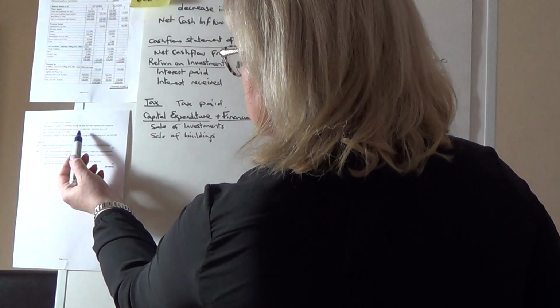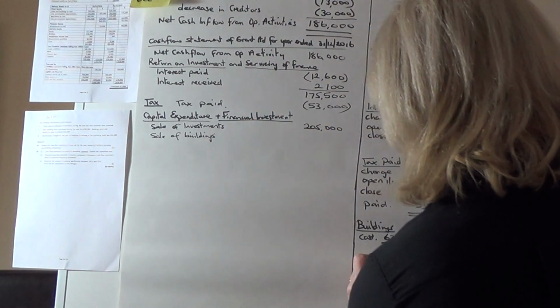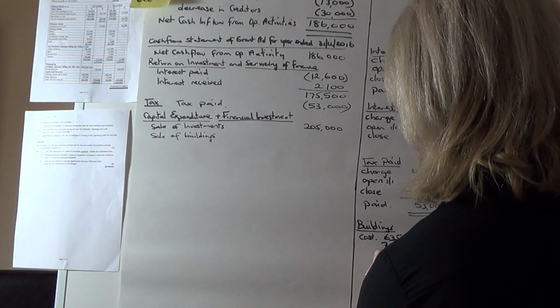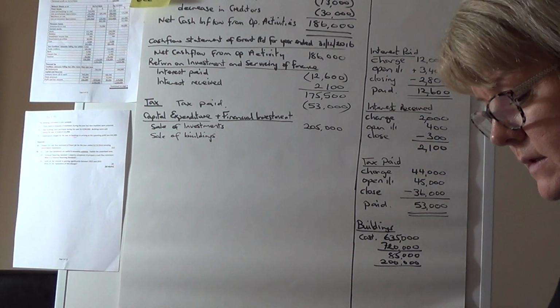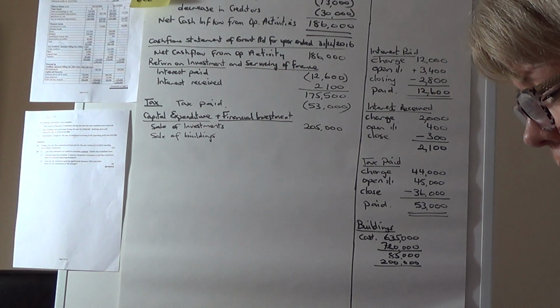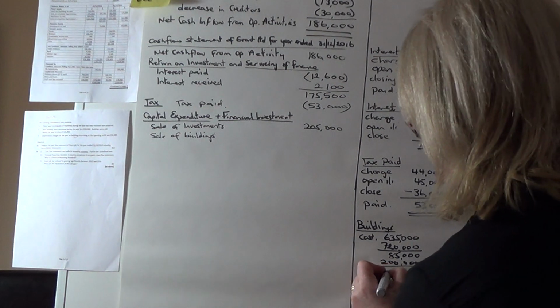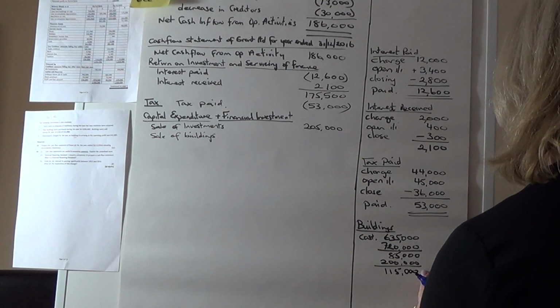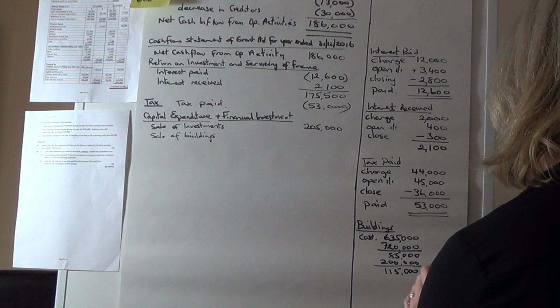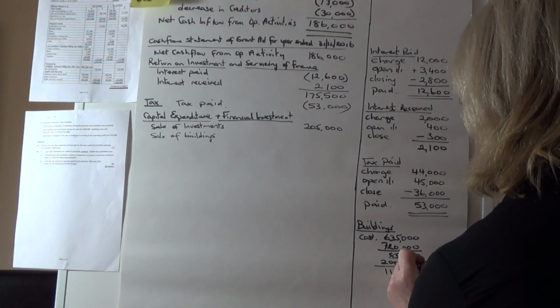And we also know then that we purchased during the year 200,000 in buildings. So the net difference then is 115. So that's 115 is the change in buildings.